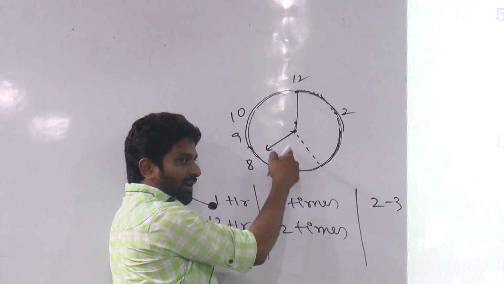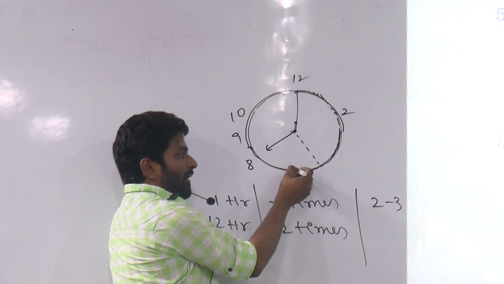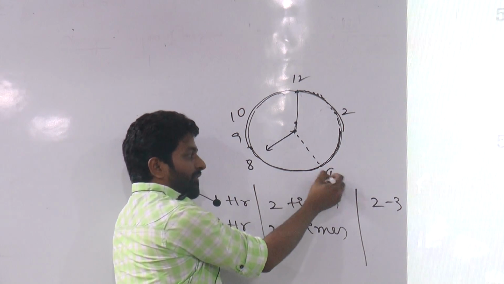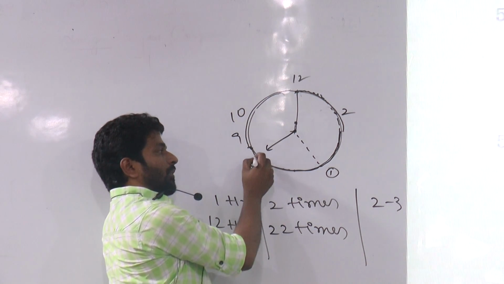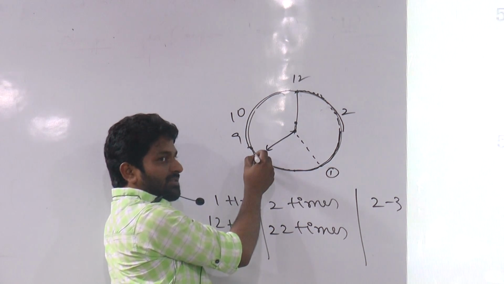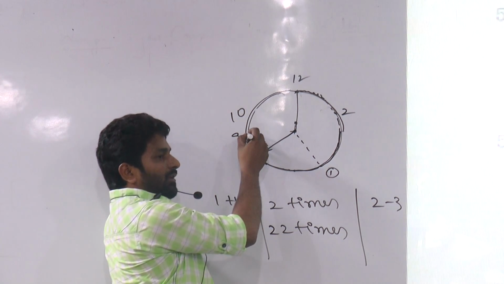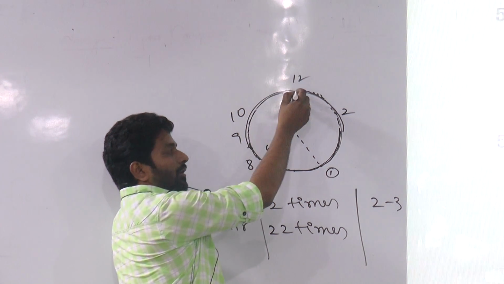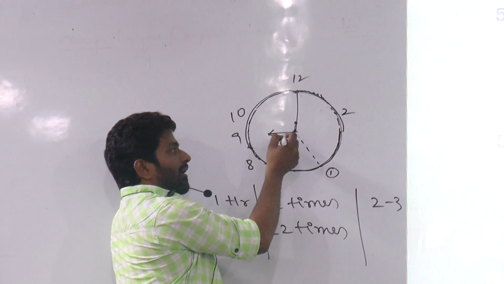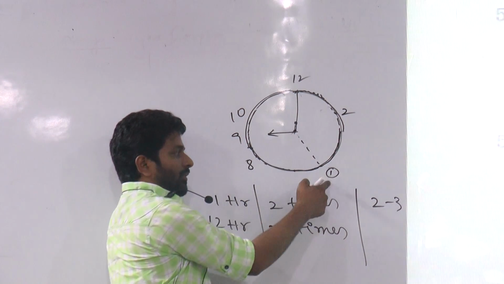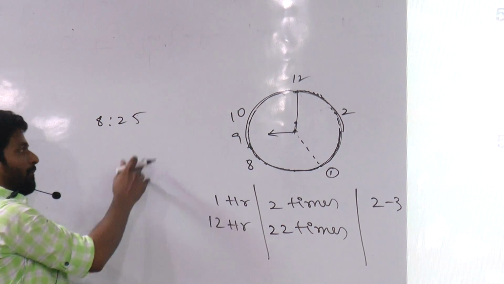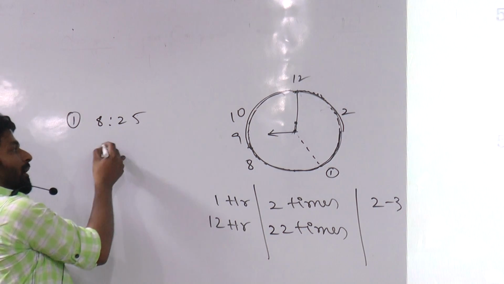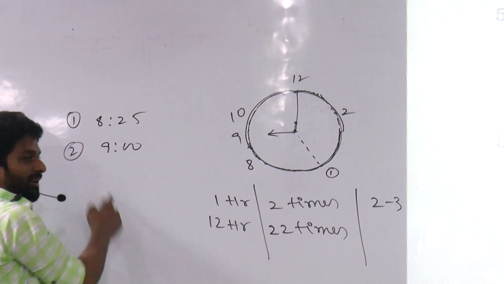It will form a right angle, right? 8:30, both are together, in the sense 0 degrees. 8:45, 9 o'clock. At 9 o'clock we have one more time. So near about 8:25, not the exact time, I am taking an approximate number. This is the first time, and at 9 o'clock it will form the next time.